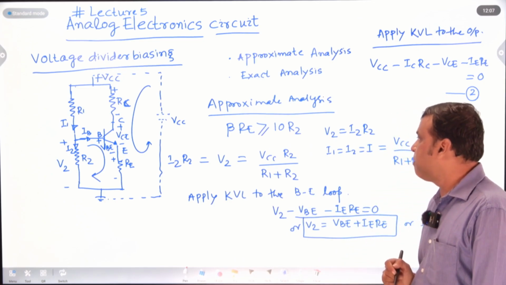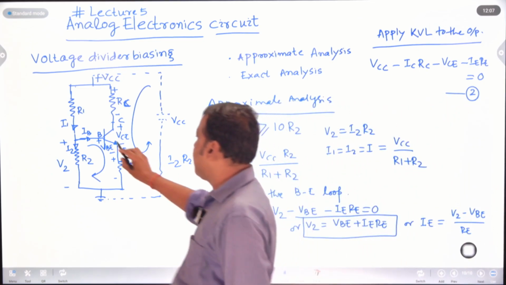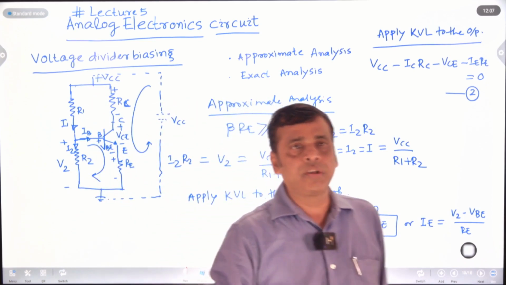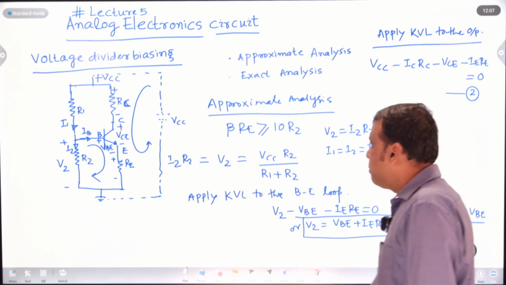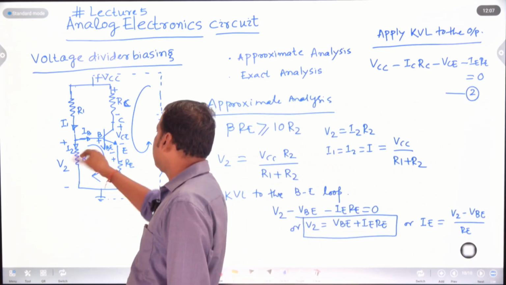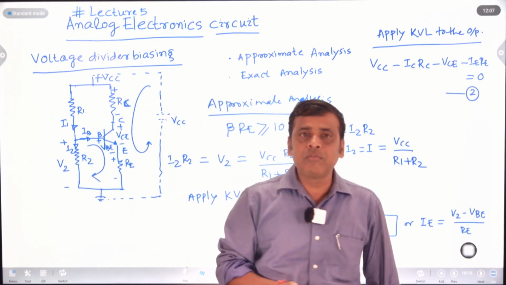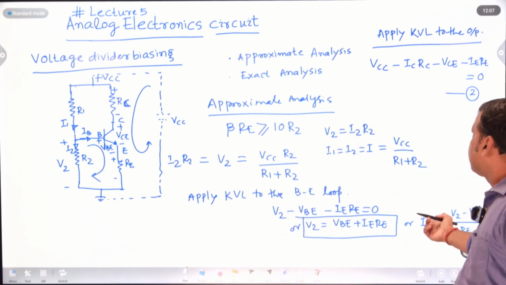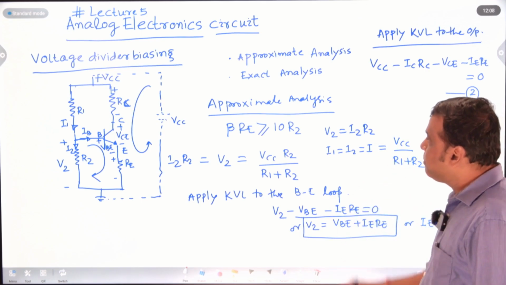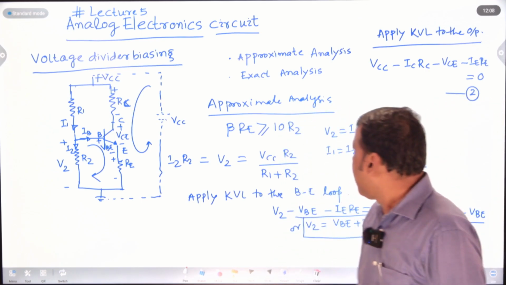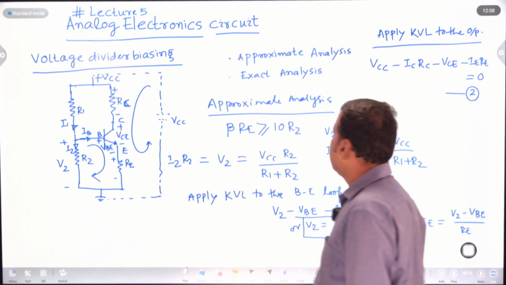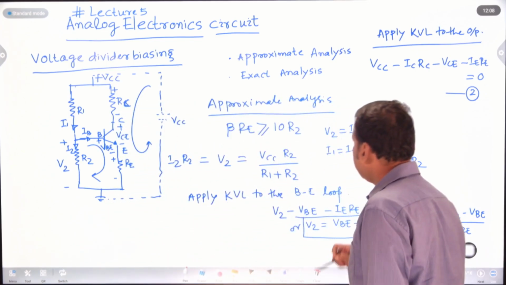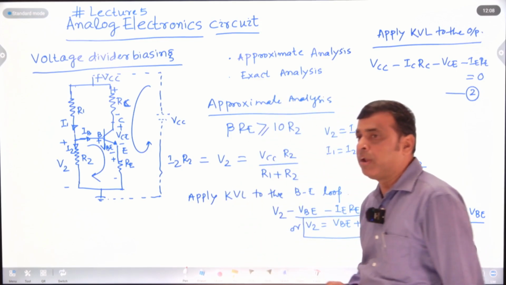In case of voltage divider biasing, we have neglected the base current IB, so that I1 equal to I2 equal to I, and you can directly apply Kirchhoff's voltage law to the base emitter loop. If you apply KVL to the base emitter loop, V2 minus VBE minus I RE, from this equation you will calculate the value of I. In this way we have analyzed the voltage divider biasing using approximate analysis, but the condition is that beta RE must be greater than or equal to 10 times R2.